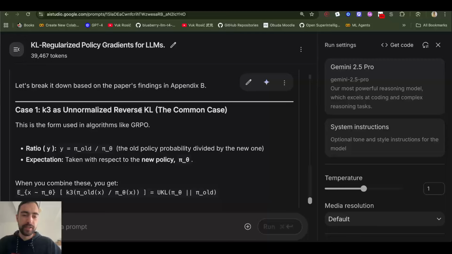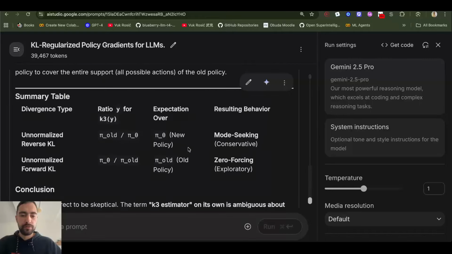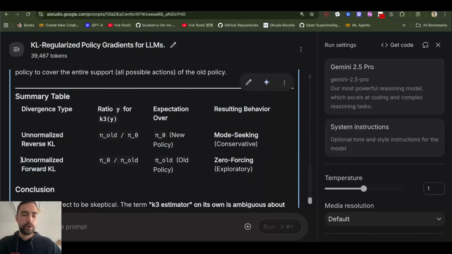For reverse, it's going to be old over new. And it's going to do the same thing as I was explaining: mode seeking or zero forcing, depending on whether it's reverse or forward. It's just that when probabilities don't add up to 1, you can use K3.